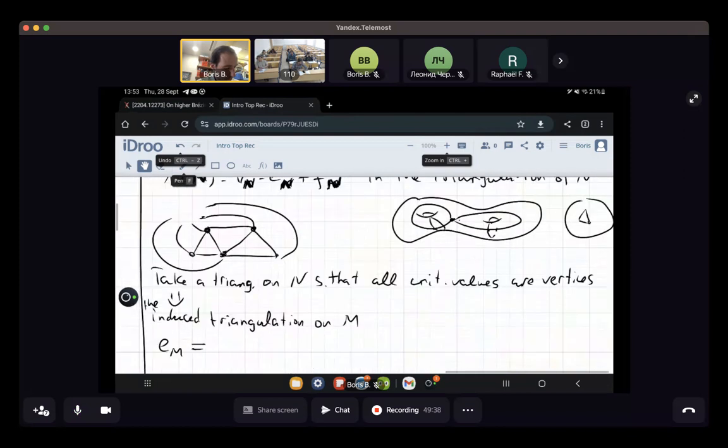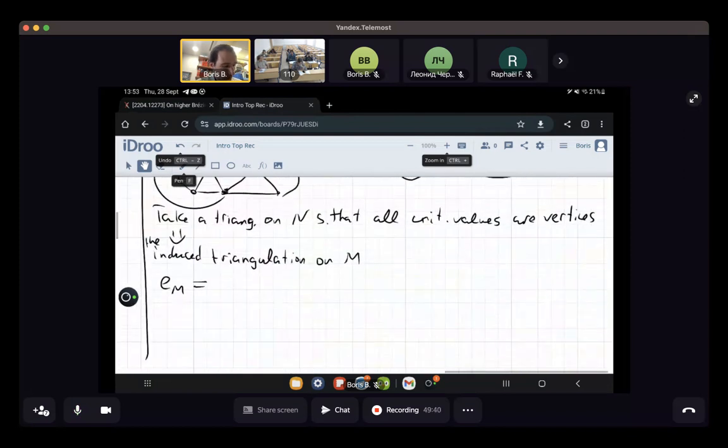So each point has D preimages, and an edge has D preimages, and in general we have D times E_N edges. About faces, the same: D times the number of faces in the triangulation downstairs.